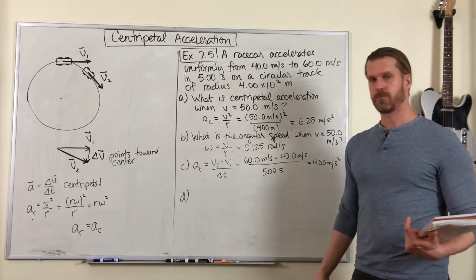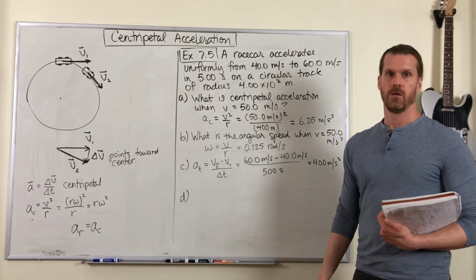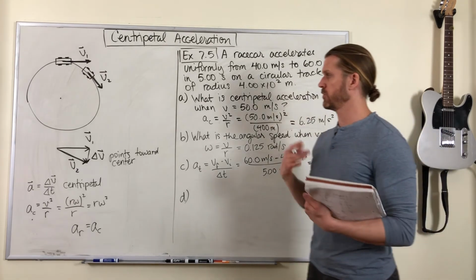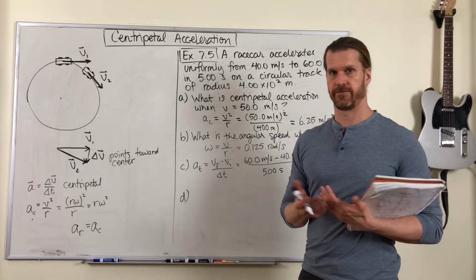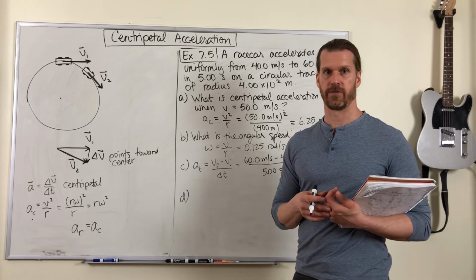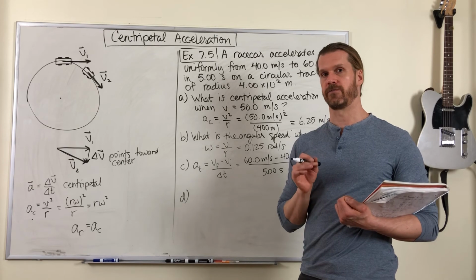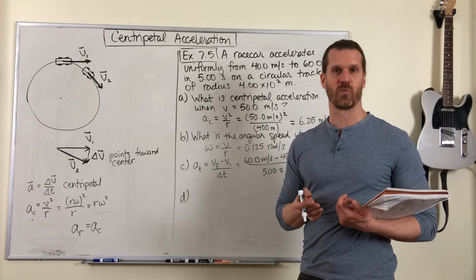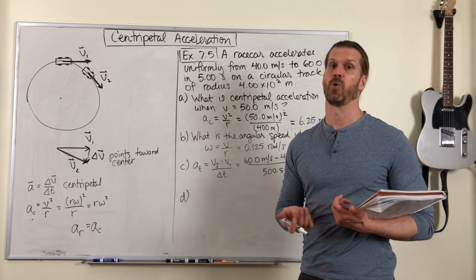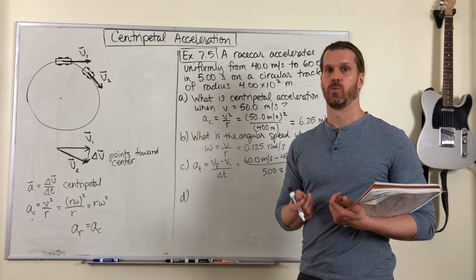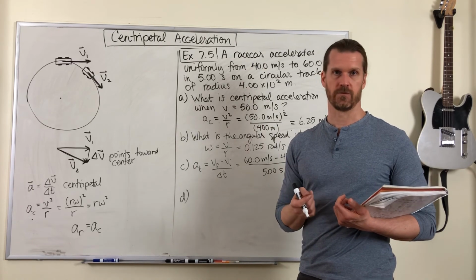Now question D, what's the total acceleration? Well, when we say total acceleration, we're thinking of acceleration as a vector with two components, and instead of imagining an XY coordinate system, we're now imagining a polar coordinate system with a tangential coordinate and a radial coordinate.